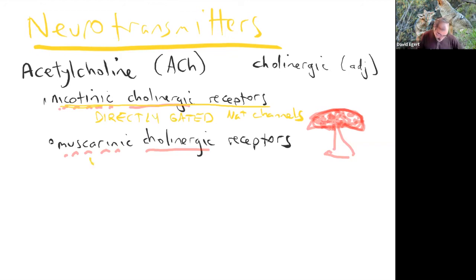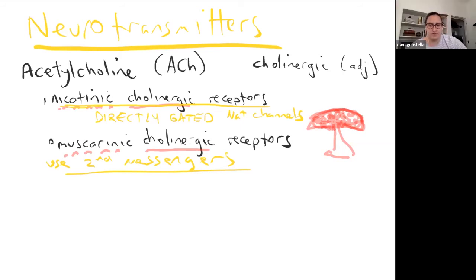Muscarinic receptors are indirect. So these are second messenger. What does that mean about the result of binding a muscarinic cholinergic receptor? What can you tell me? There can be various types of reactions. Exactly. The thing you can tell me is you can't really tell me.